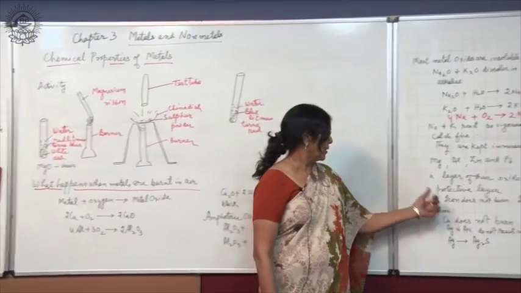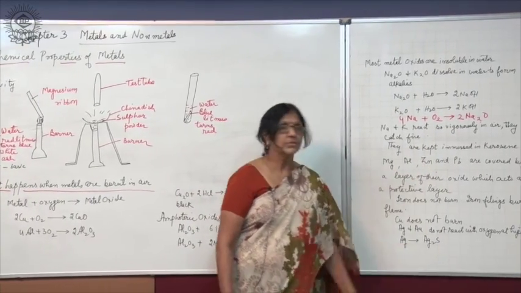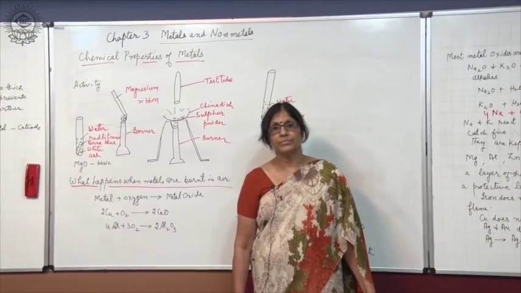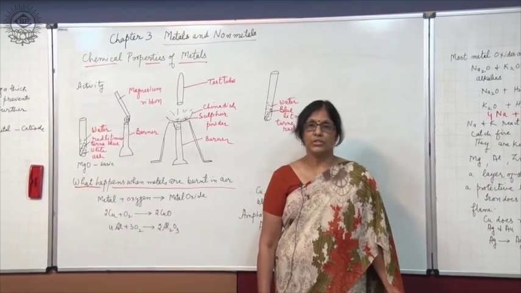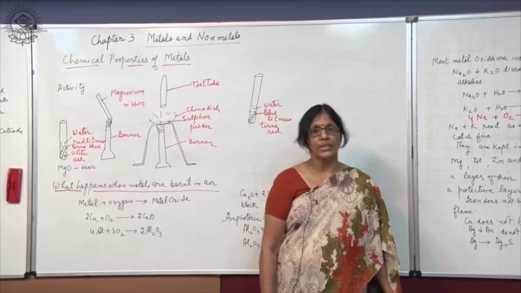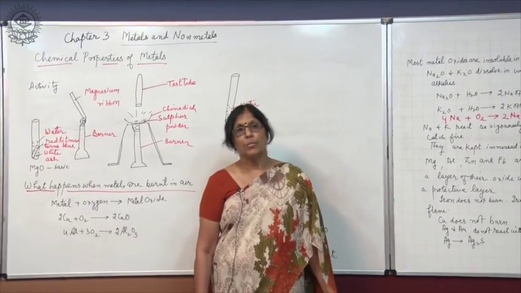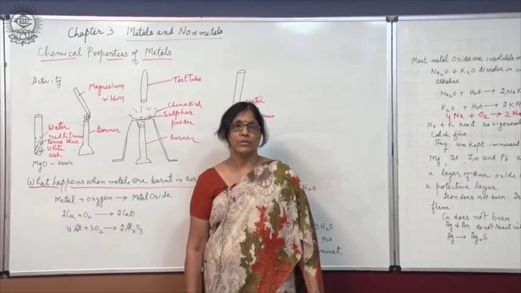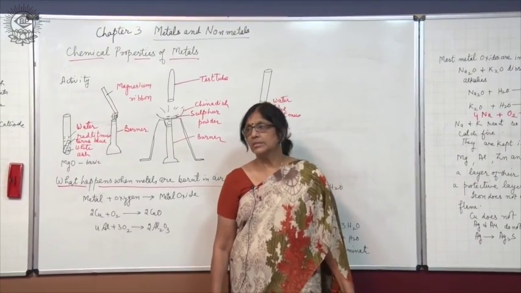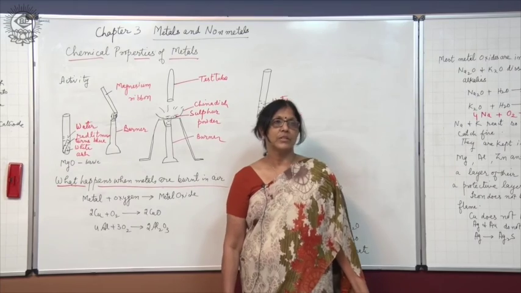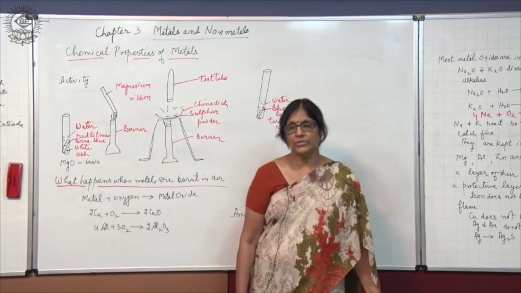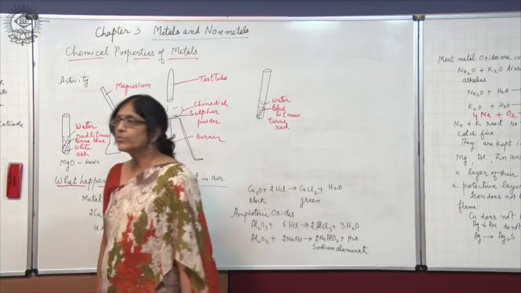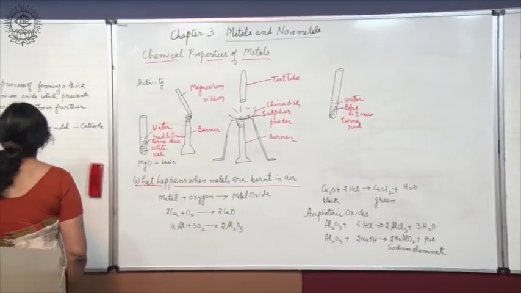Now, this property, just now we discussed that some of the metals react with the oxygen present in air and form an oxide layer which acts as a protective layer, and this property is used for making certain cooking utensils and some decorative pieces by the process of anodizing.